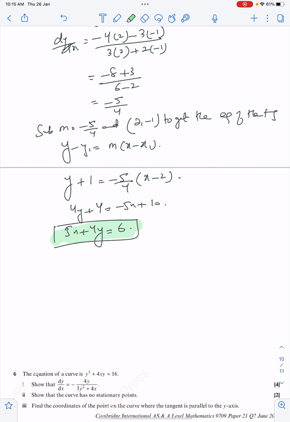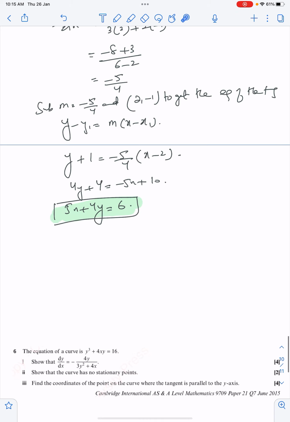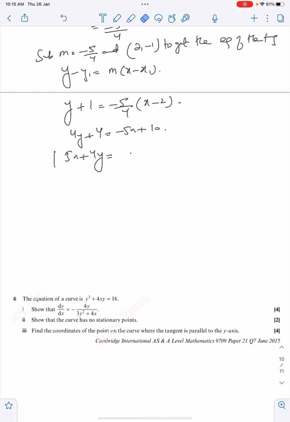This is the equation of the tangent which I was supposed to find in the first part. They said to write it in this form, so bring 6 also onto this side. 5x plus 4y minus 6 equals 0 is the equation of the tangent.